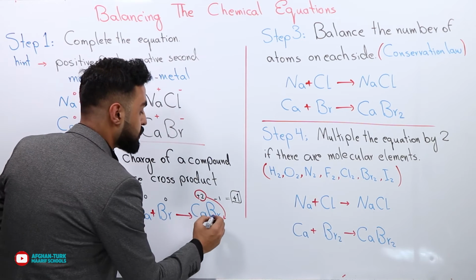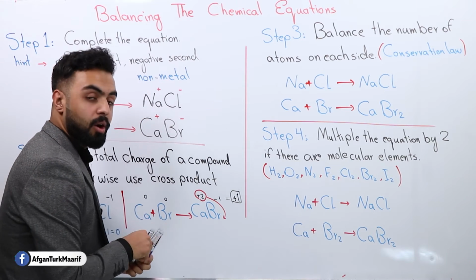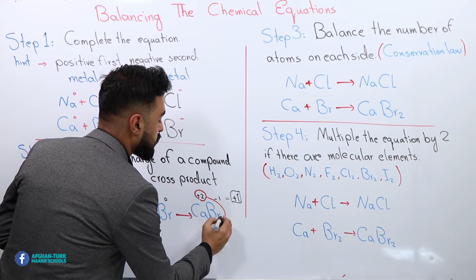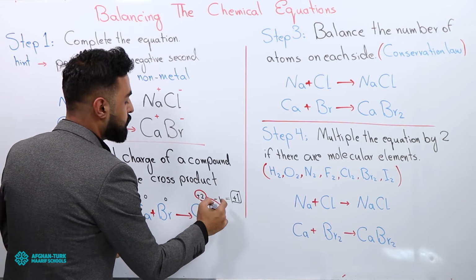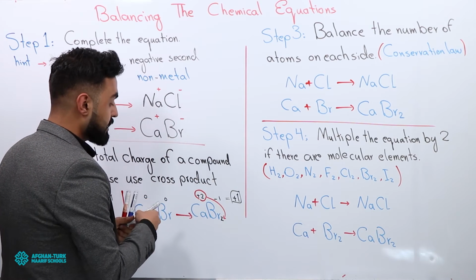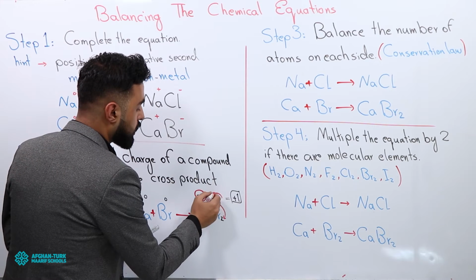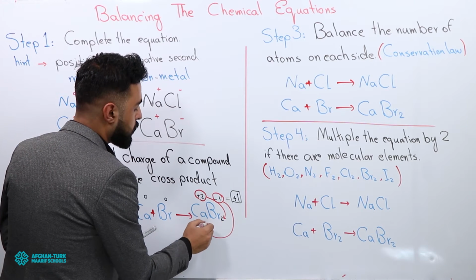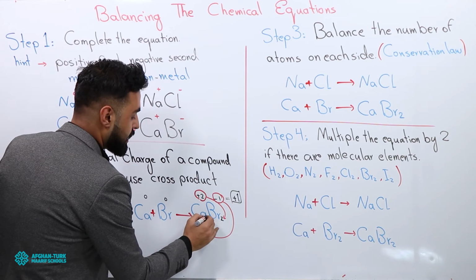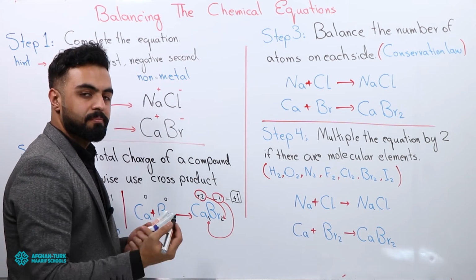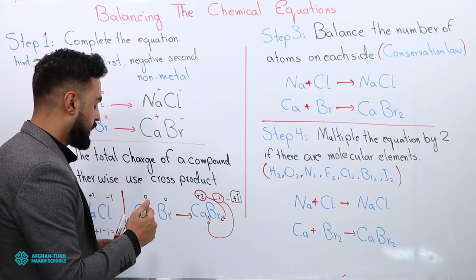Remember, you should not use the sign, you should only use the number. So we multiply bromine by 2, and we multiply calcium by 1. Not minus 1, only 1. Sometimes you can neglect 1 because it doesn't matter.